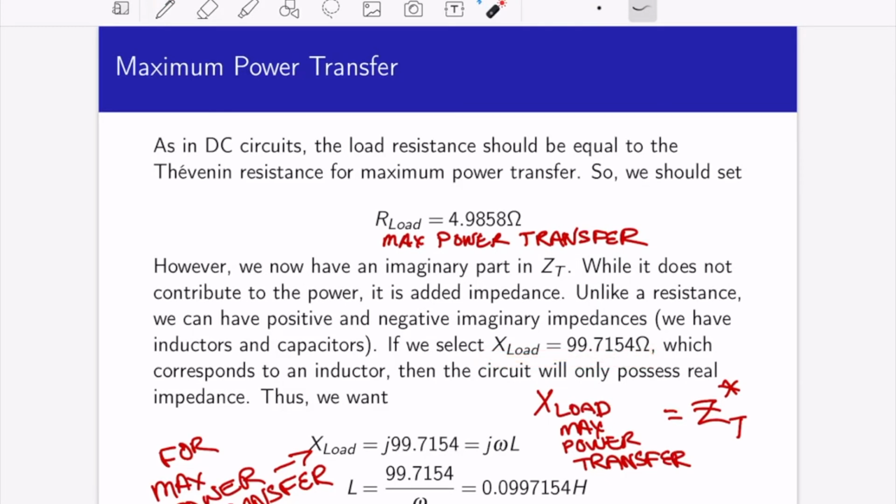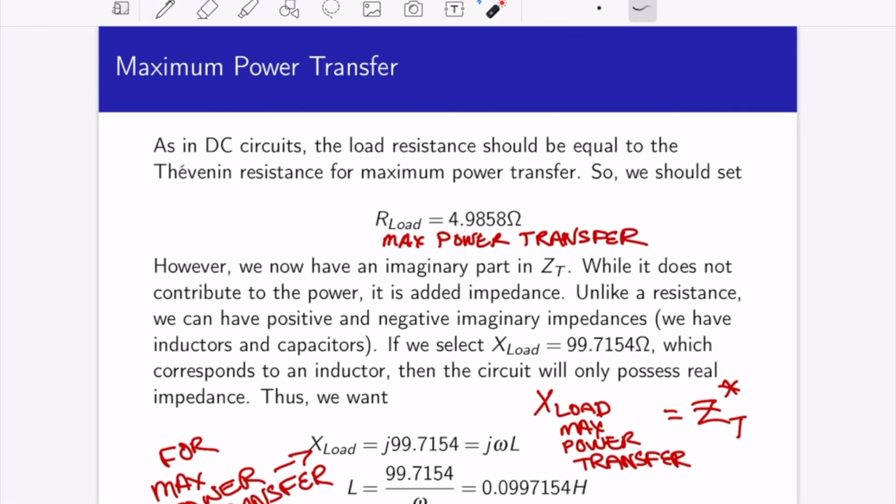Remember, X is what goes beside the J. So we're going to have J 99.7154 equal to J omega L. Of course, omega is known, and it is 1,000, since that was given. And we solve, and we end up with an inductor of 99.7154 millihenries. Okay? And so that is the impedance for maximum power transfer.